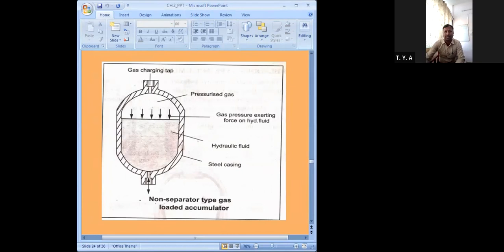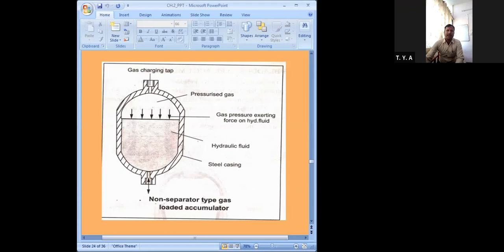On the top we have the gas charging valve, and at the bottom we have the oil port. From this port the hydraulic fluid comes inside and goes outside. This steel casing is the enclosed cell.